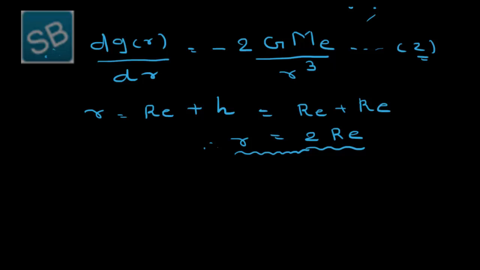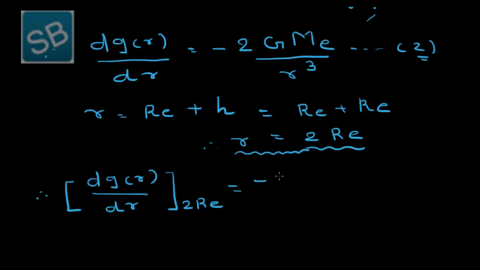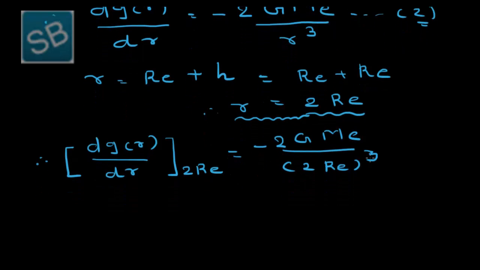And now, substituting this value in equation number 2, therefore dg(r) over dr at 2RE is equal to minus 2GMe divided by 2RE cube, that is equal to minus 2GMe divided by 8RE cube.